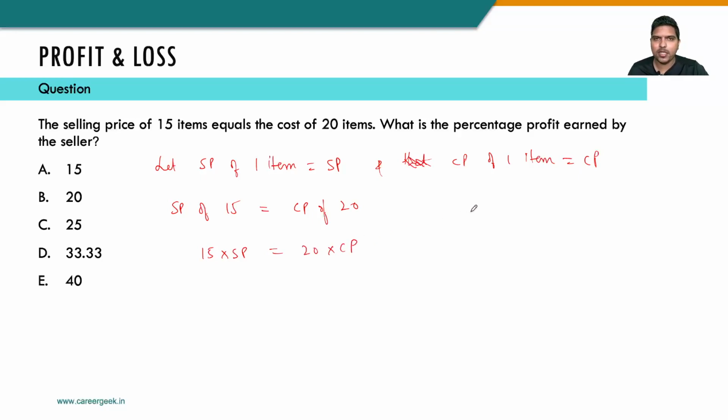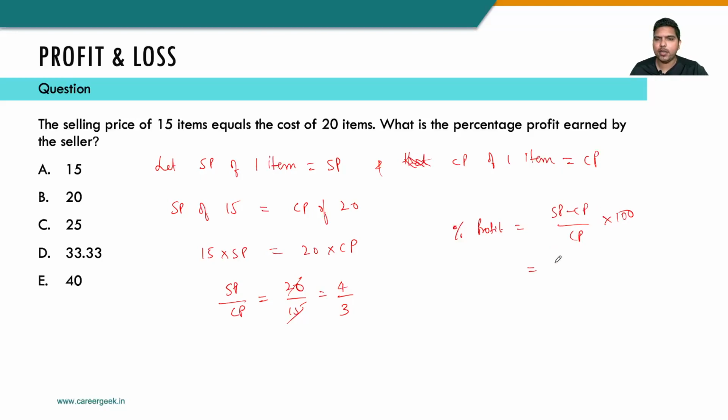We have seen we just need to find the ratio of SP and CP. So I divide by CP on both sides and by 15. I get SP upon CP as 4 upon 3. Okay, percentage profit formula. We have seen (SP minus CP) upon CP into 100.